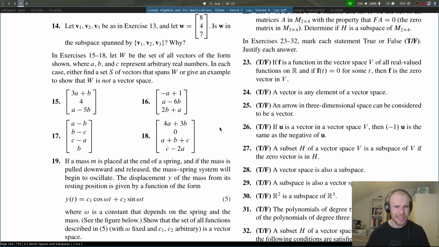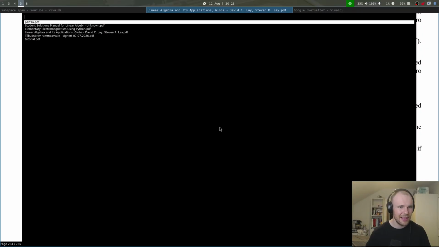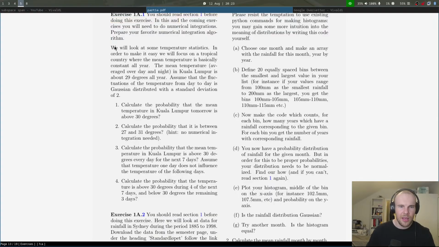I messed a bit around with Python, so let's see how I did that. Yeah, this exercise. So exercise 1A, you should read this section, and so on. That's not important. We will look at some temperature statistics. In order to make it easy, we will focus on a tropical country where the mean temperature is basically constant all year.